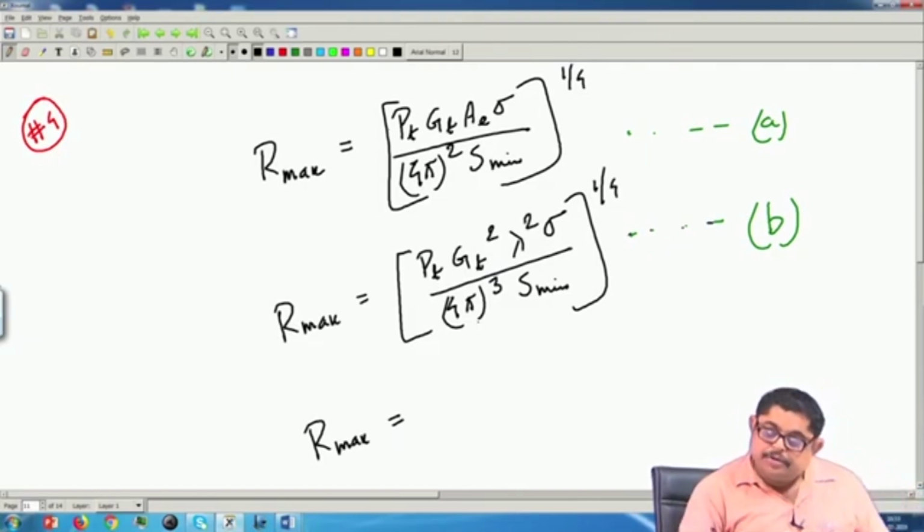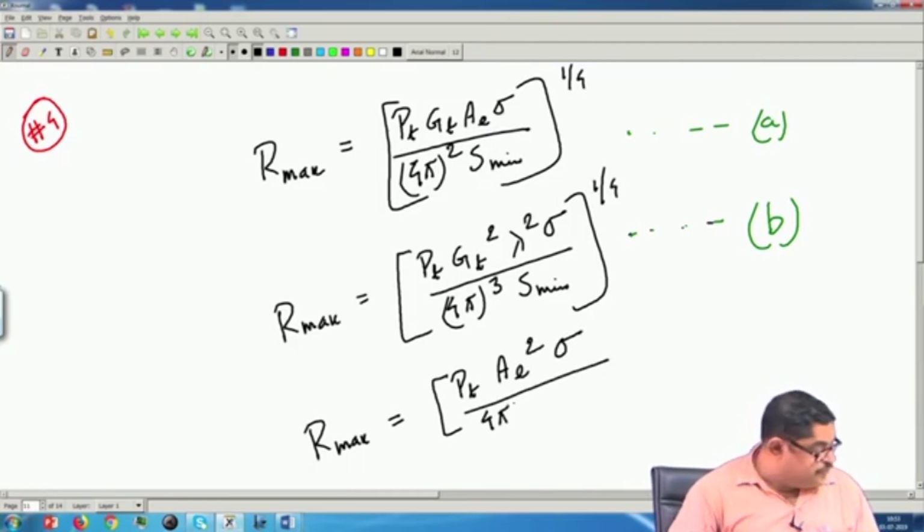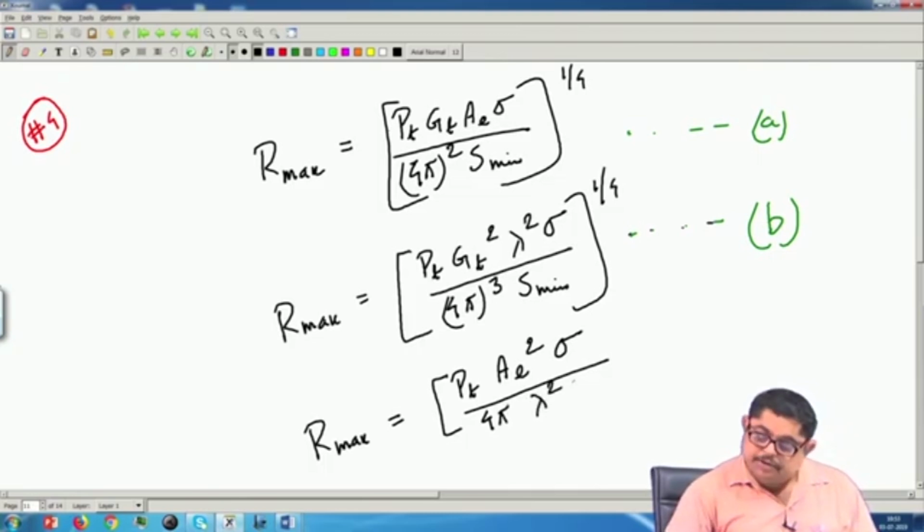So, if we write it in terms of AE, then the equation becomes PT AE square sigma by 4 pi lambda square S mean whole to the power 1/4.